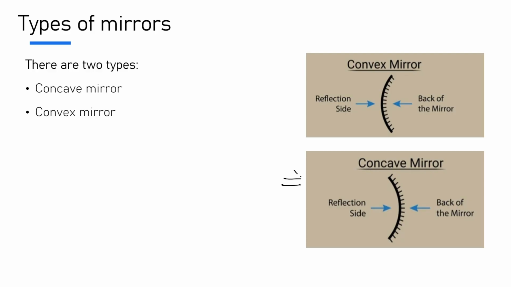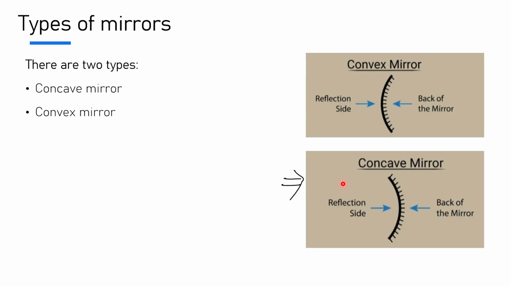Let's start with concave first. What do these lines indicate? Yes, it shows the back side of the mirror. And this bold line shows the reflecting side of the mirror. Reflecting side of the mirror means where you see your face.